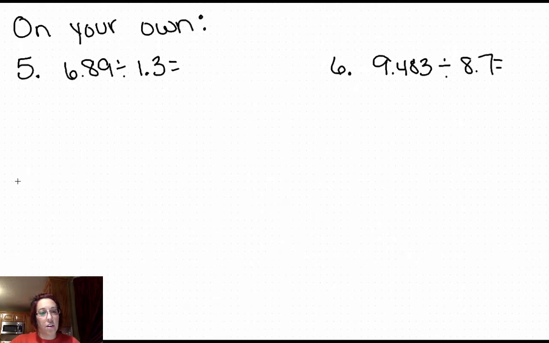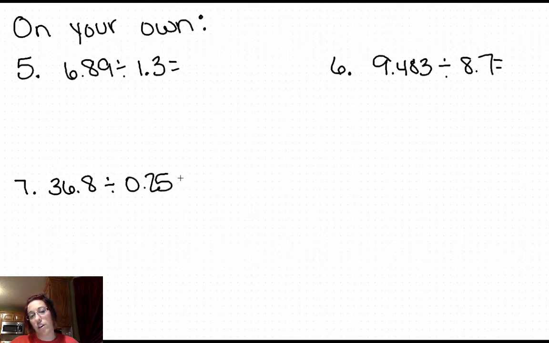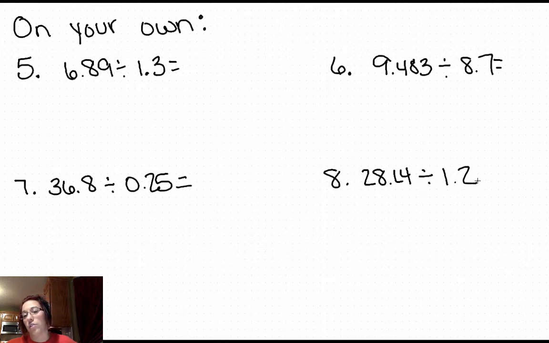And then let's go 7, our problems from the beginning. 36 and 8/10 divided by 25 hundredths, and 28 and 14 hundredths divided by 1 and 2/10.